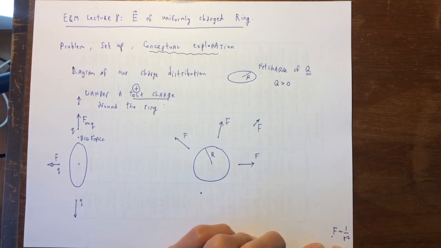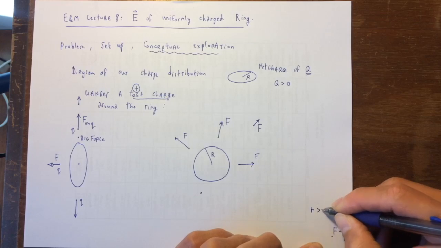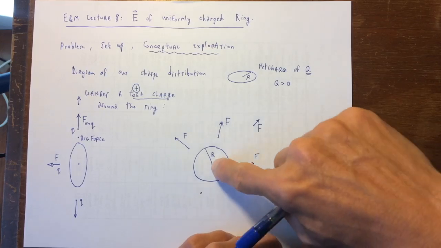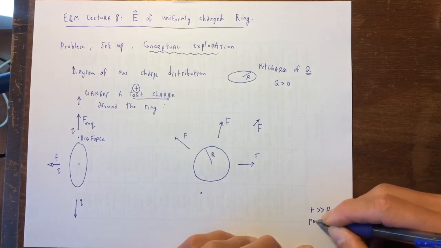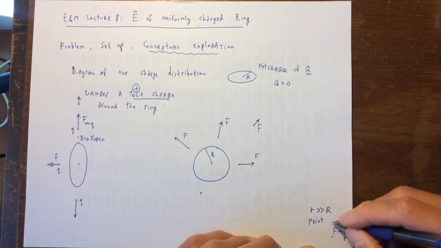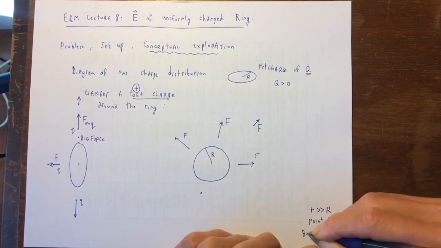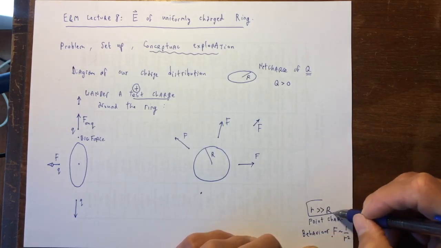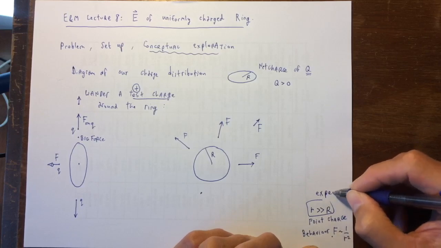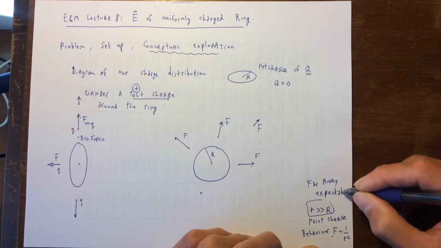And what's more is it should start to behave like, if I go very, very far away so that R is very big compared to the size of the distribution, we should start to see the ring behave more like a point charge. Right? So this is the far away expectation.